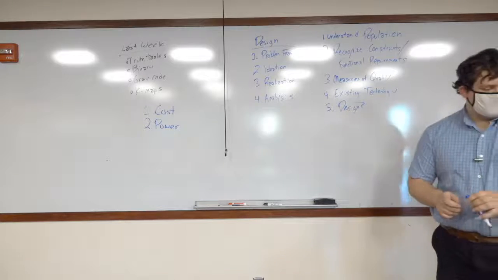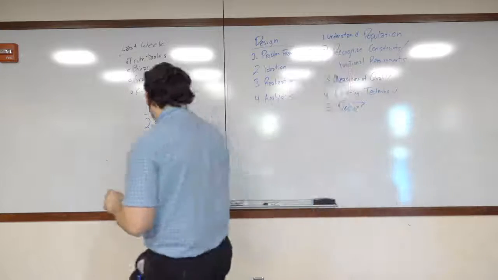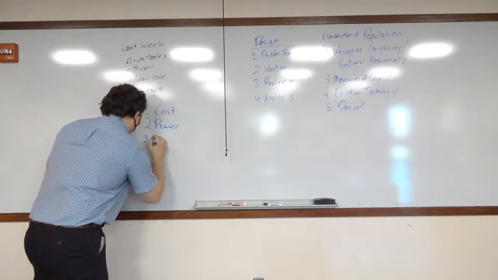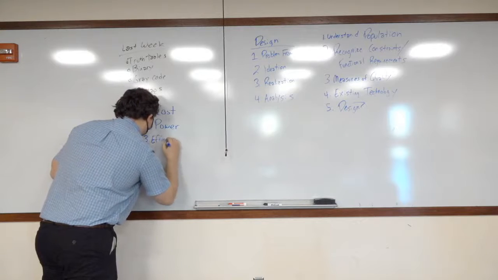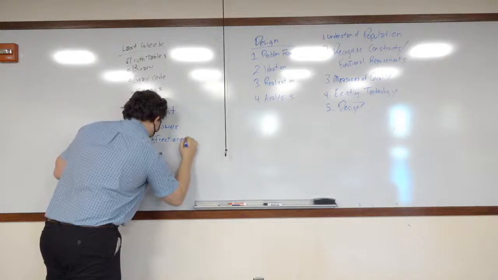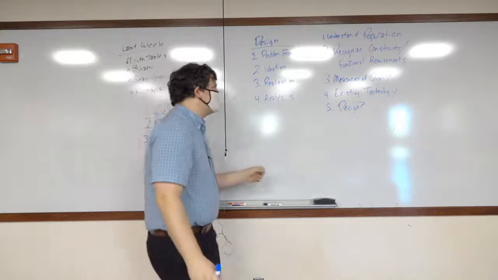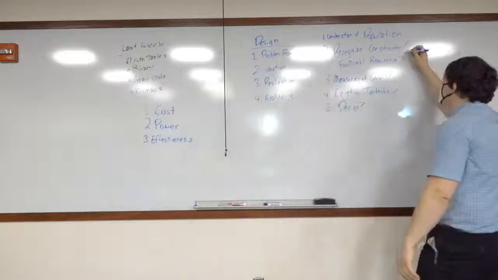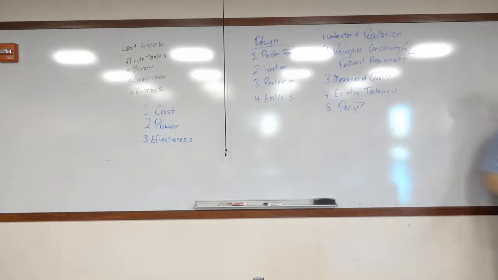The third step talked about in the book was effectiveness. And a lot of this has to do with going back to the design constraints. Does it satisfy the constraints? And how well does it satisfy the constraints?